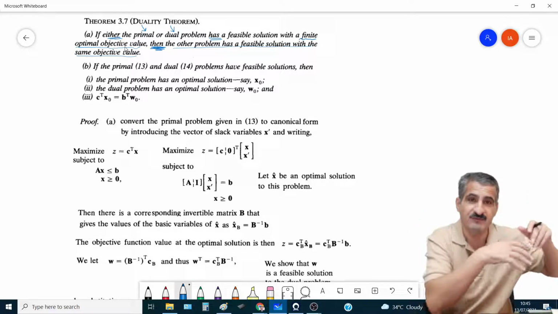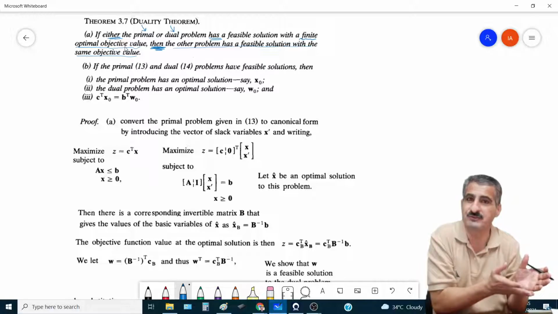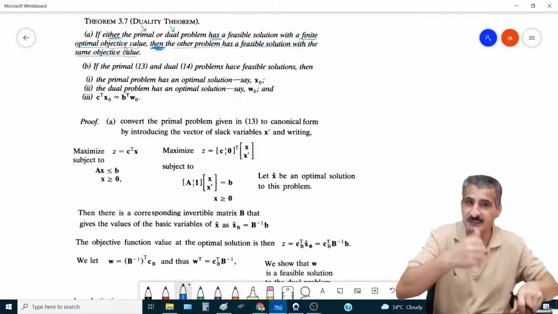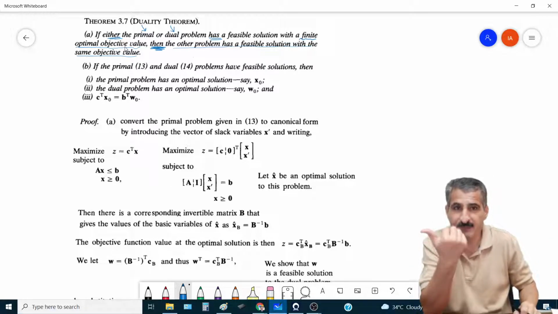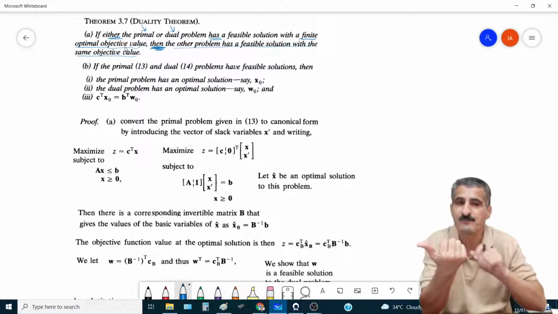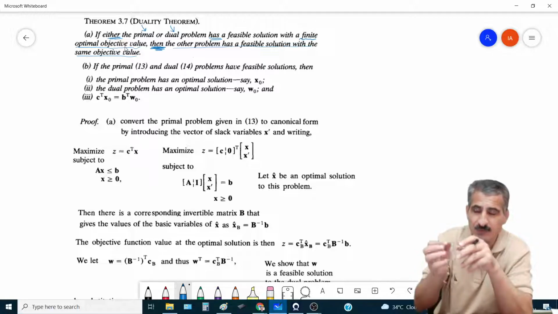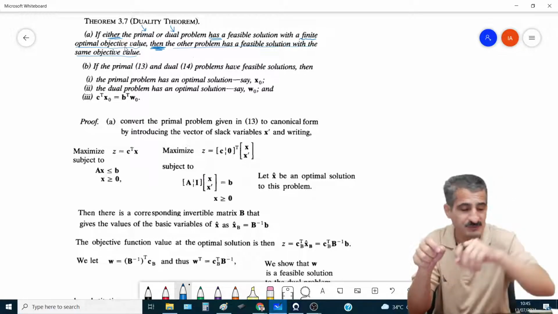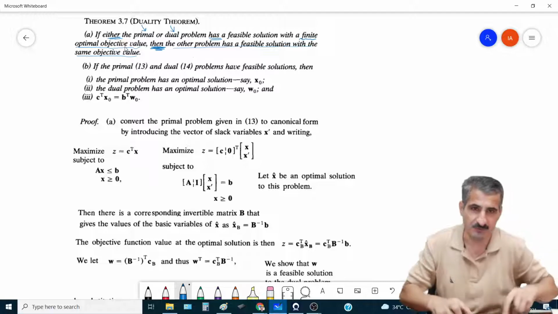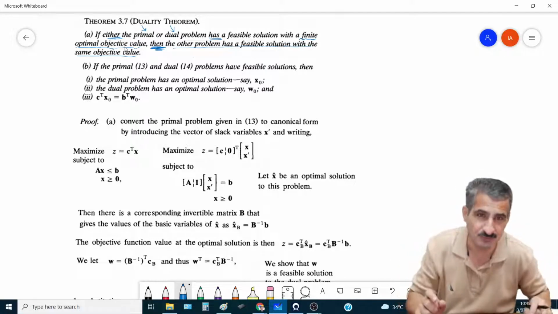And the opposite: if the dual problem has a feasible solution which is optimal, then the primal problem has a feasible solution where the objective value here equals the objective value of the dual. We are not saying they are the same solution.